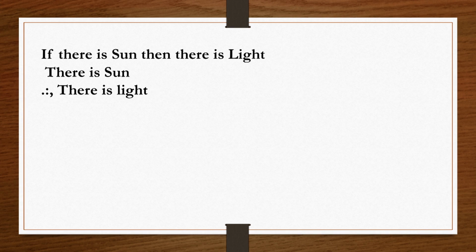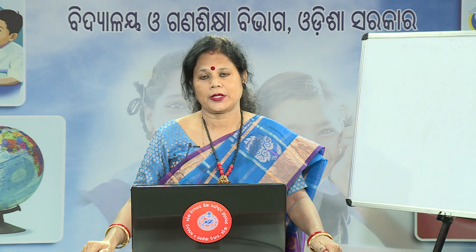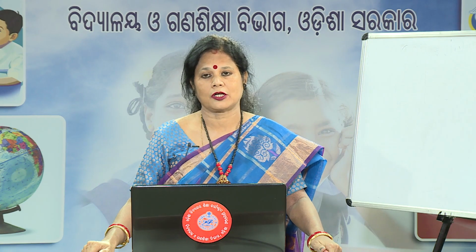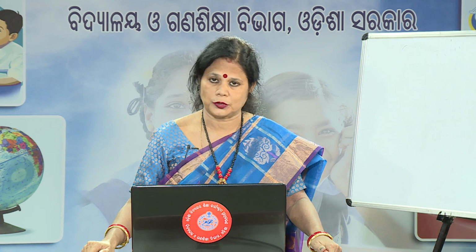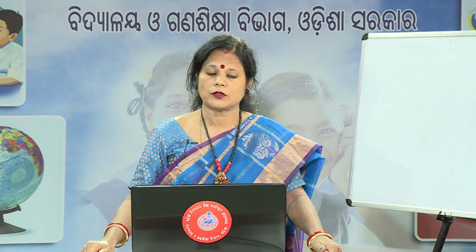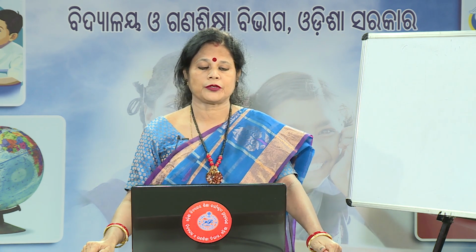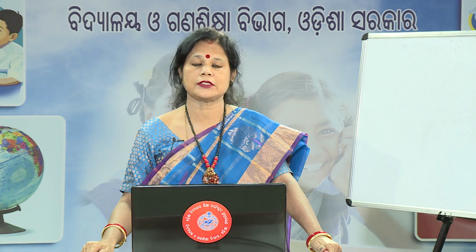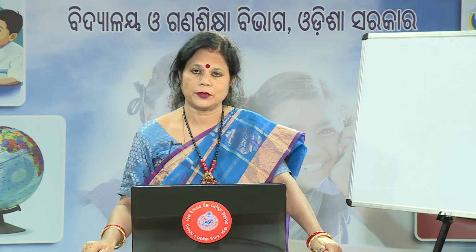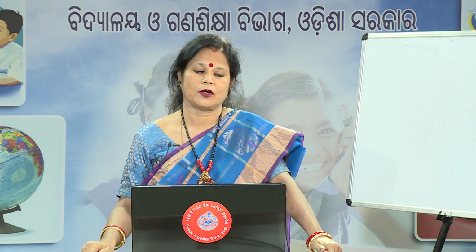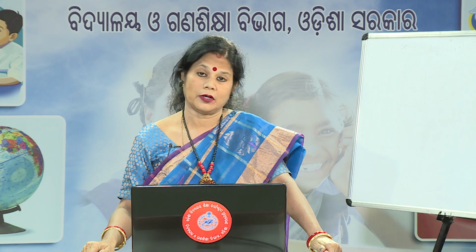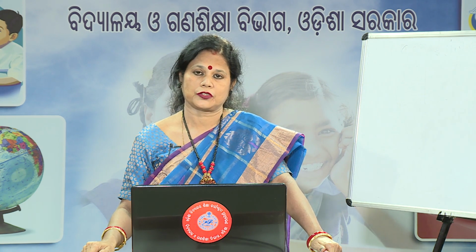Ethi logical form kota? Logical form hochi if then. If then is the logical form of the proposition. Okay. So, logical relation between these two propositions is possible because of the logical form of the proposition.